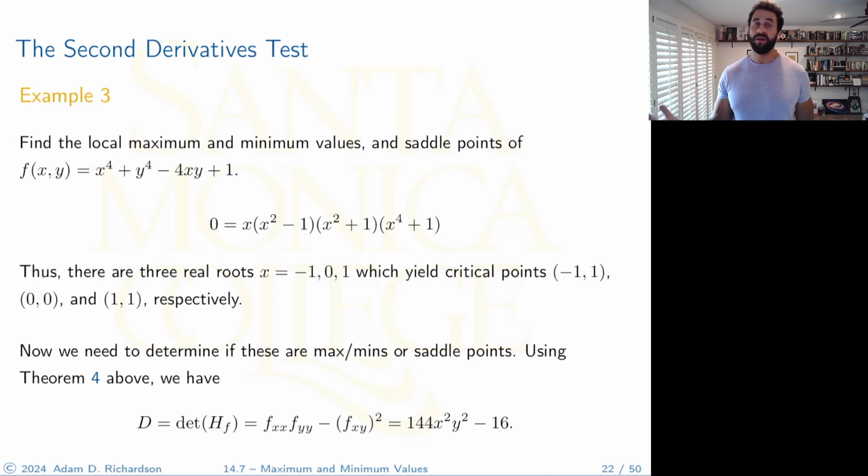Now we want to know: are they maxes, mins, or saddle points? And this is where the determinant of the Hessian comes in. I guess maybe I should write out the actual Hessian itself.